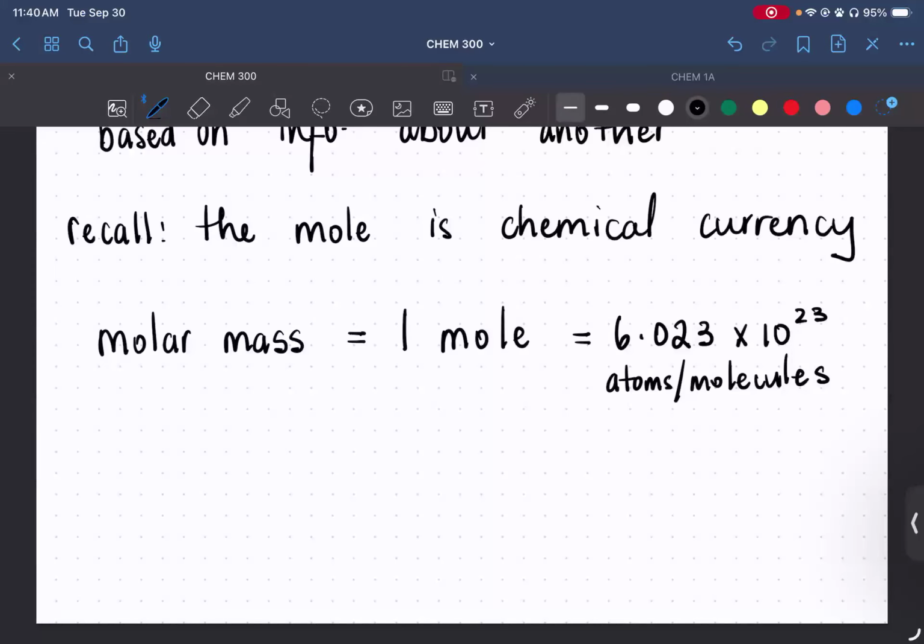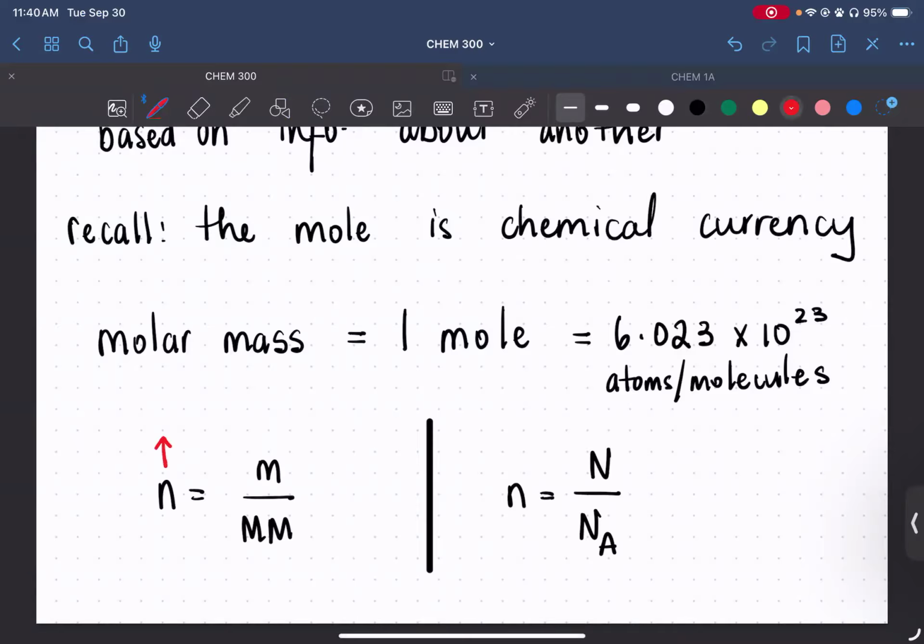Under this same topic, I taught you about 2 primary formulae. n is equal to m over MM, and n is equal to capital N over N sub A. Way back when, I had instructed you that n refers to moles, lowercase m refers to the mass of the sample, and MM is molar mass.